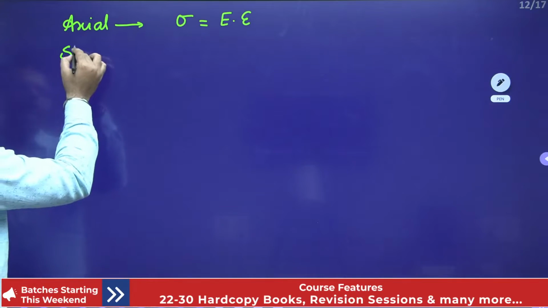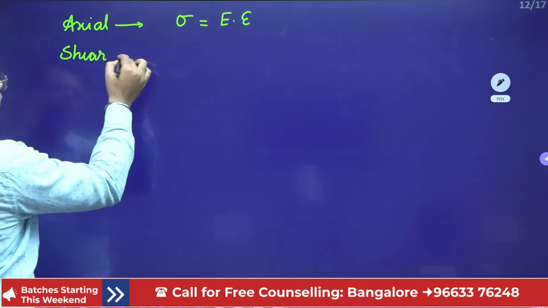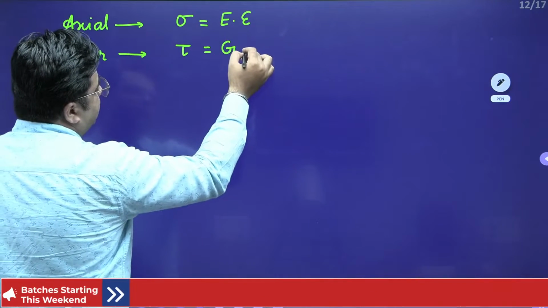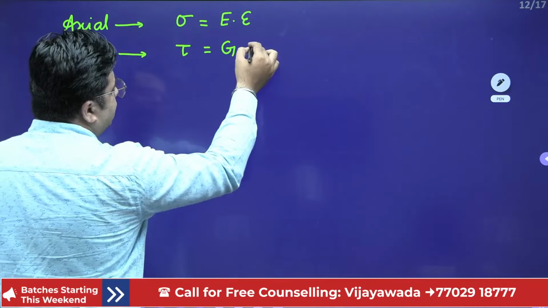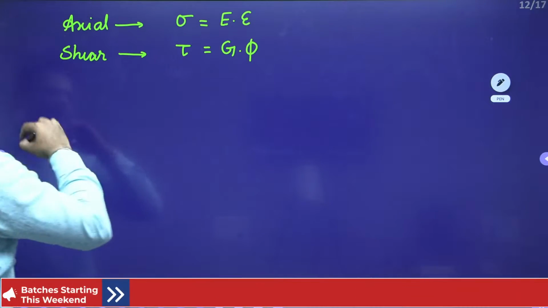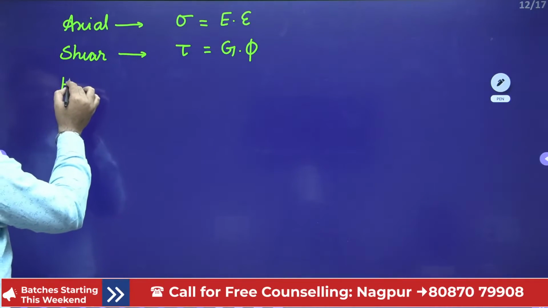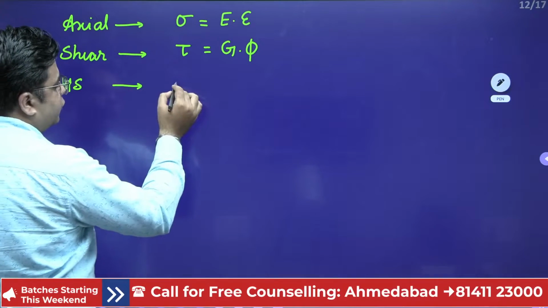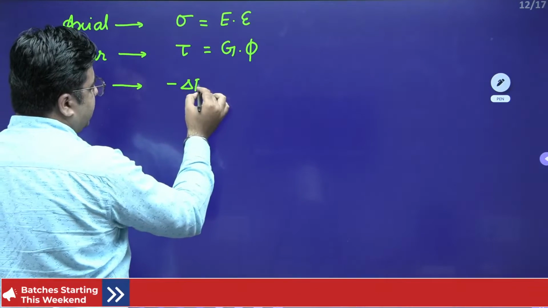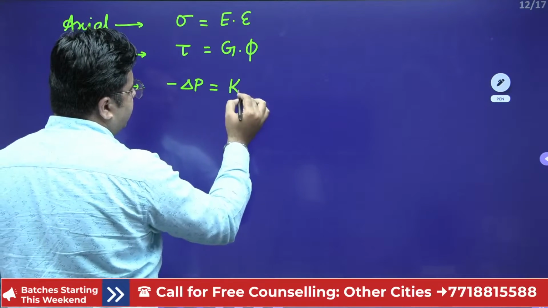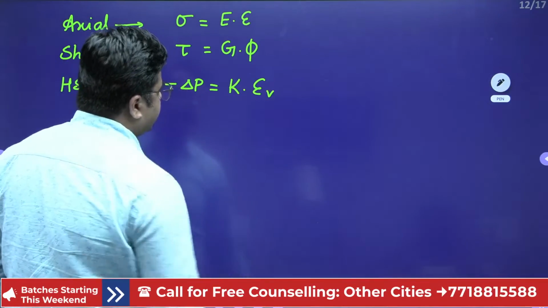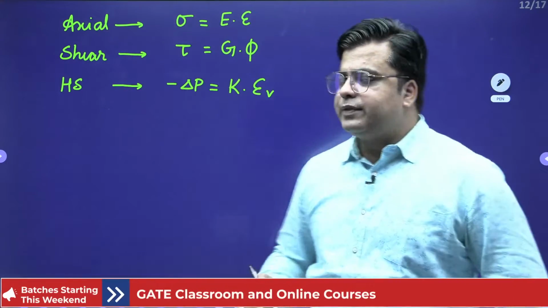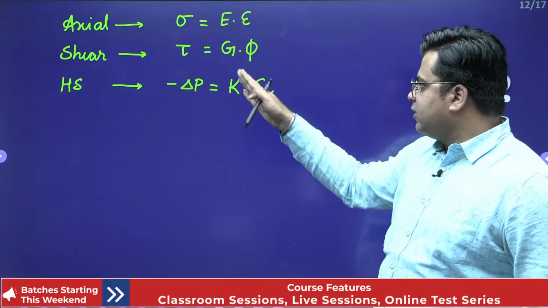Then for shear loading, you have shear stress is equal to modulus of rigidity into your shear strain. Then for hydrostatic loading, you have change in pressure, minus delta P, is equal to K into your volumetric strain. Okay. So these are the three Hooke's laws, and we have seen three elastic constants.